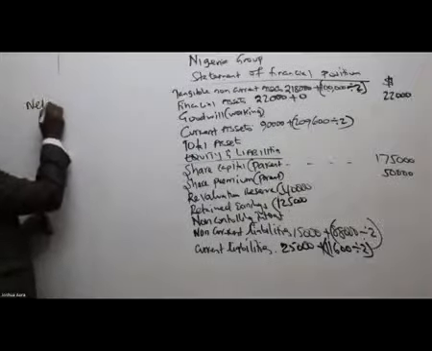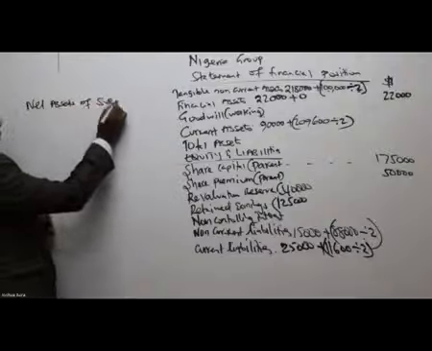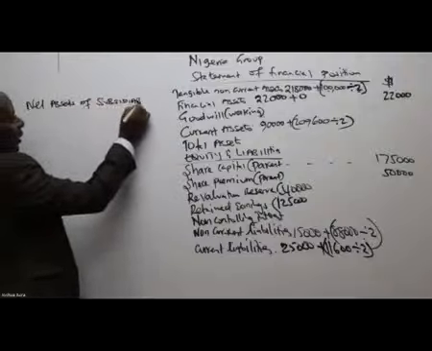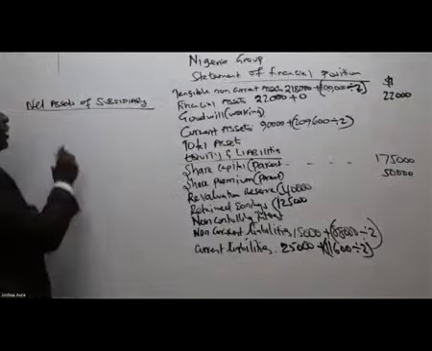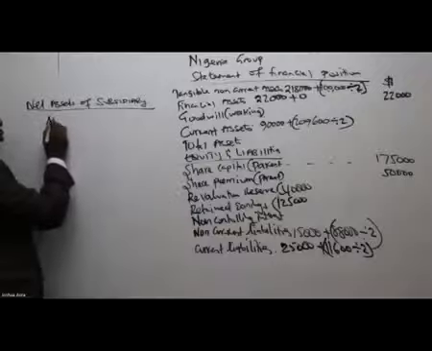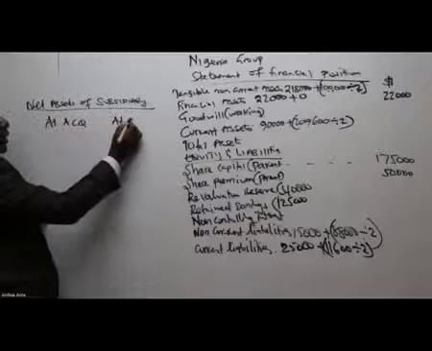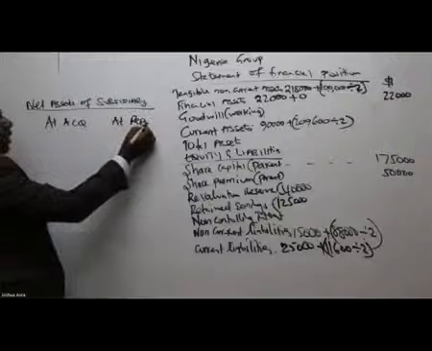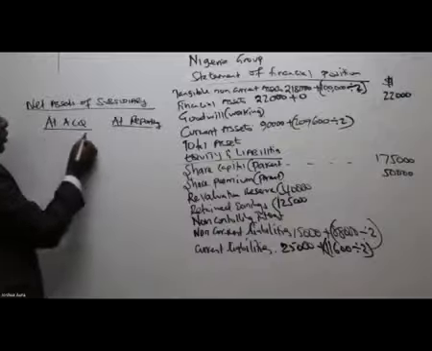Net assets of the subsidiary, 3 marks really. So remember, net assets, we have to give net assets at acquisition and at reporting. Two of them. At acquisition and at what year?